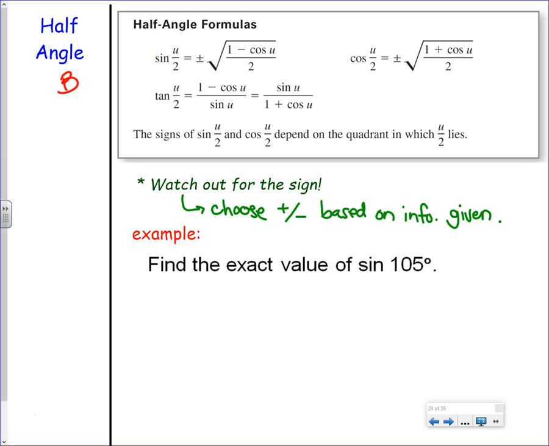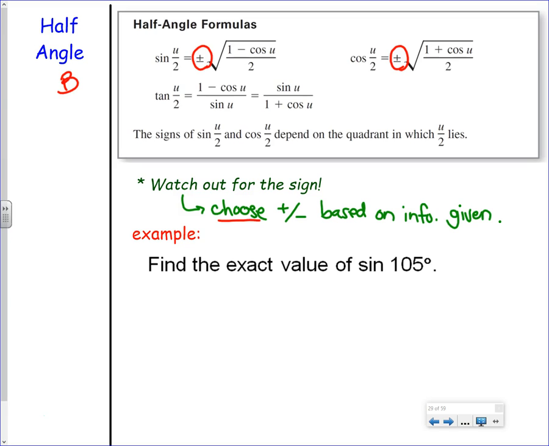Because the struggle is all of these formulas, or at least the square root ones, so the half angle of sine and the half angle of cosine. Do you see this little plus minus? Does that mean the answer is both at the same time? Look at the note.